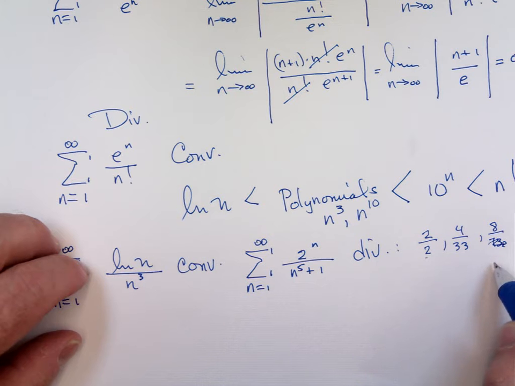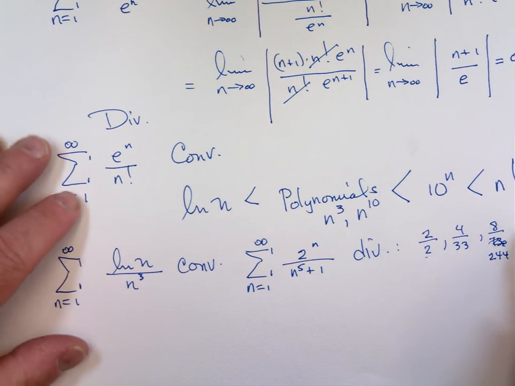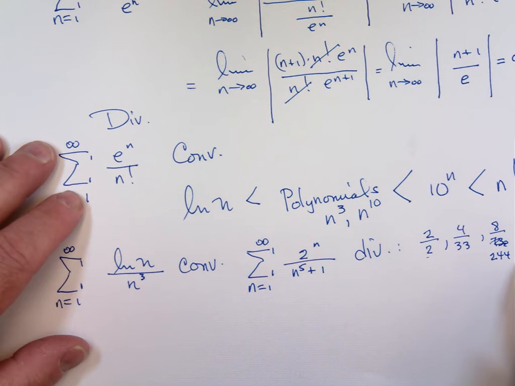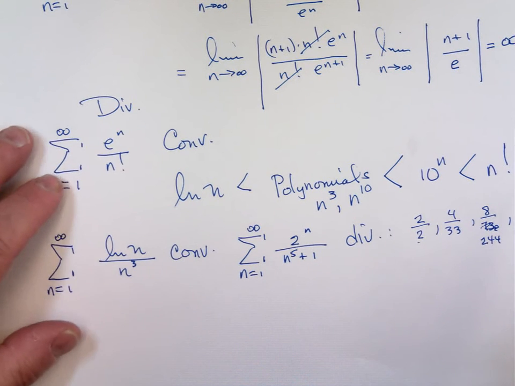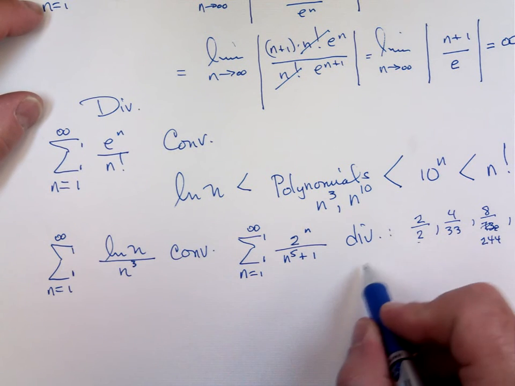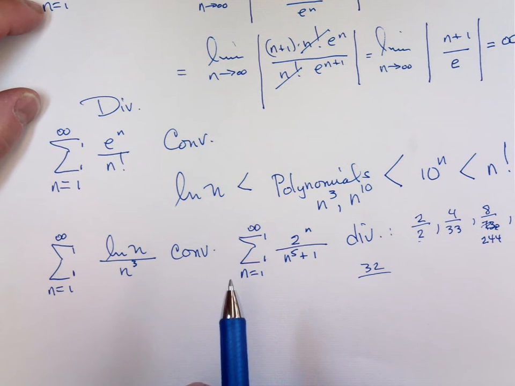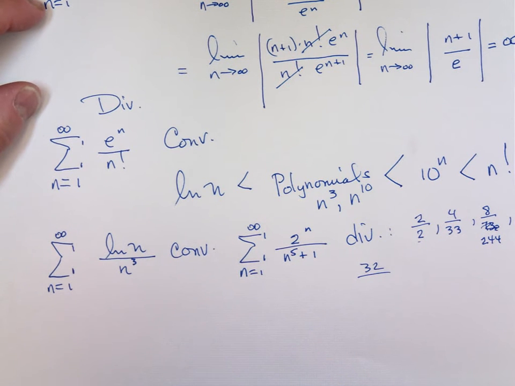Then this is going to be 16, and this is going to be 4 to the 5th, which is 1025. Wow. Then you got 32. It's going to take a lot longer than I thought. But sooner or later, the exponential will catch up to and surpass the polynomial.